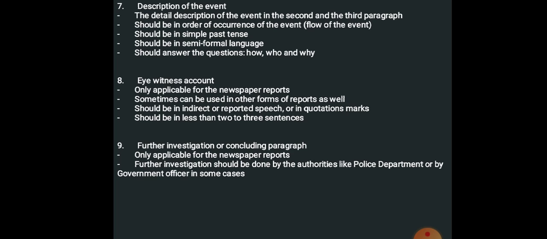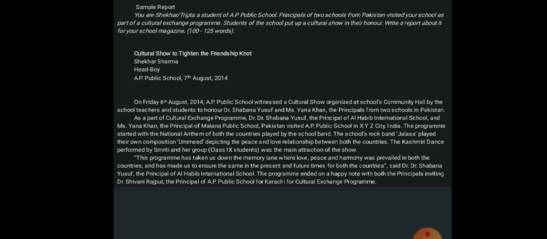The second paragraph should be in the simple past tense and written in very easy language. And the third concluding paragraph should be about the investigation, that is, whether after writing this report further investigation would be done for that particular event or not, and whether yes or no should be mentioned.